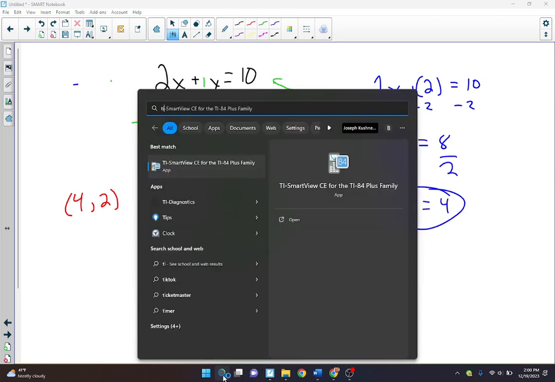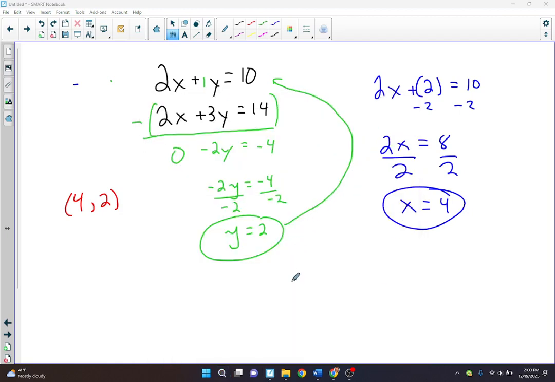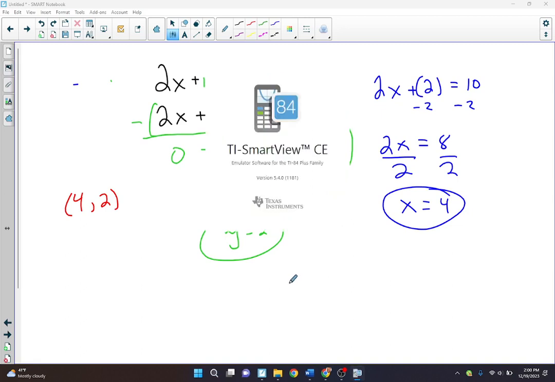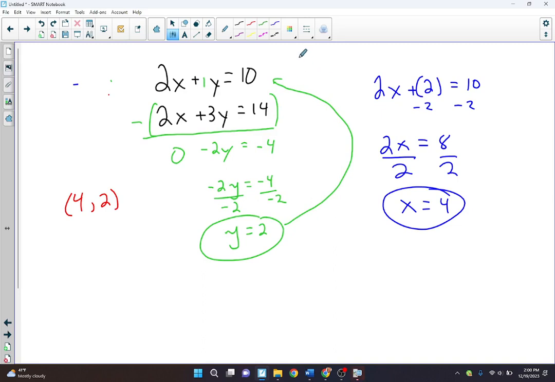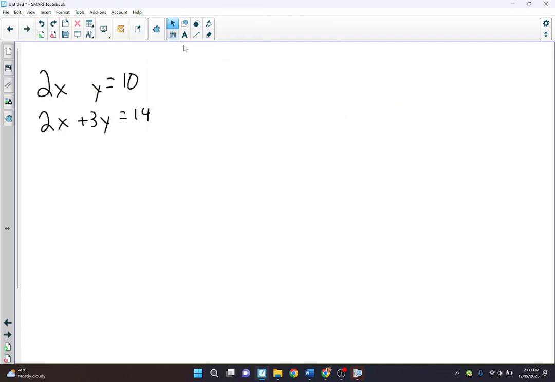To show you how to do it on the calculator, I need to rewrite the equations as y equals. I'm going to subtract 2x on both sides, so y equals negative 2x plus 10.